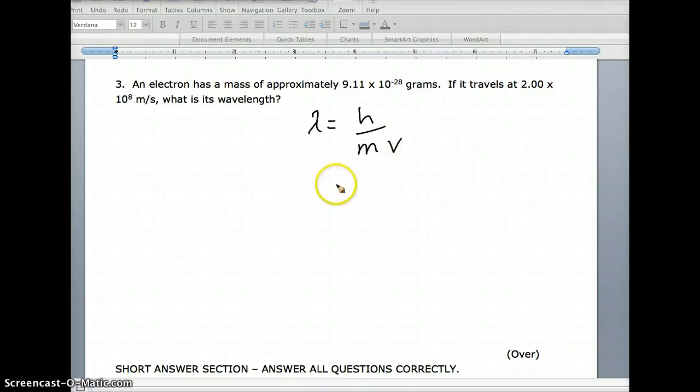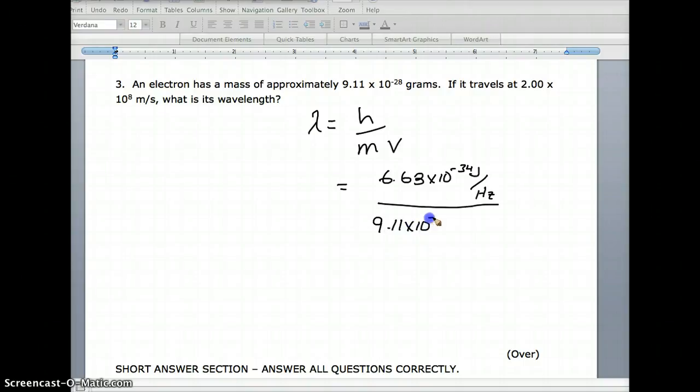All right, so we know h is 6.63 times 10 to the negative 34th, and that's joules per hertz. We also know the mass is 9.11 times 10 to the negative 31st kilograms. Did you notice that I changed it from negative 28 to negative 31, and that's because the mass needs to be in kilograms.